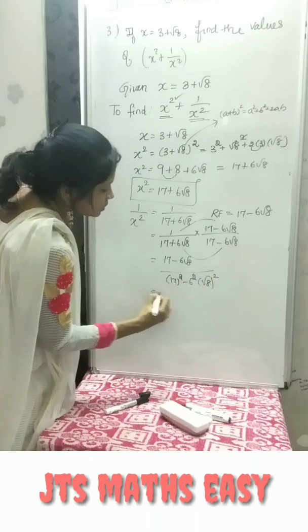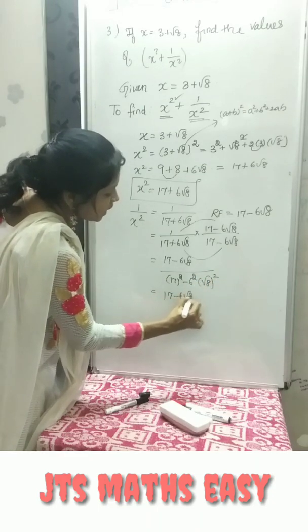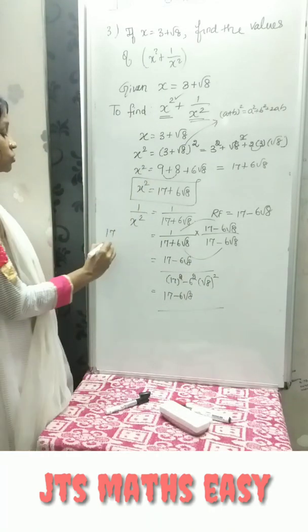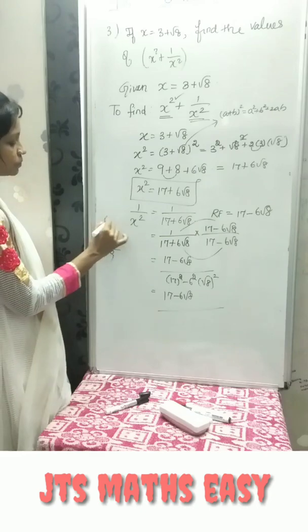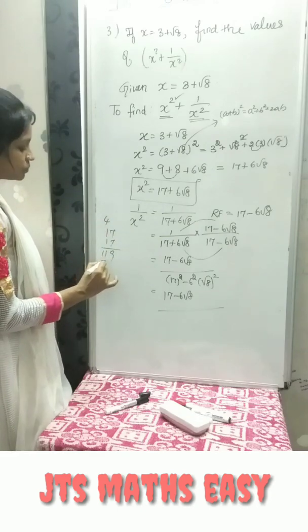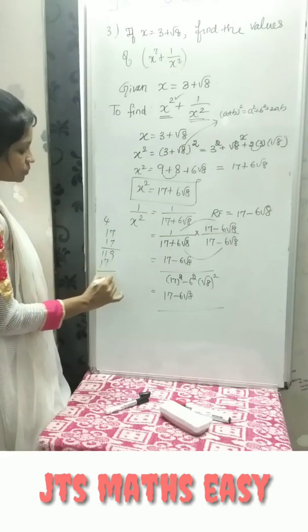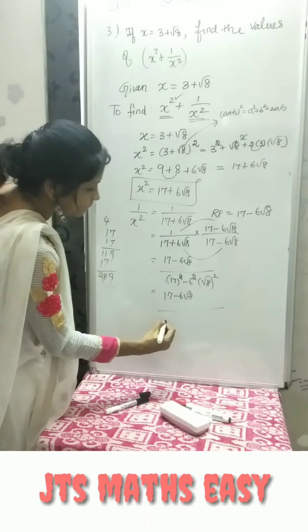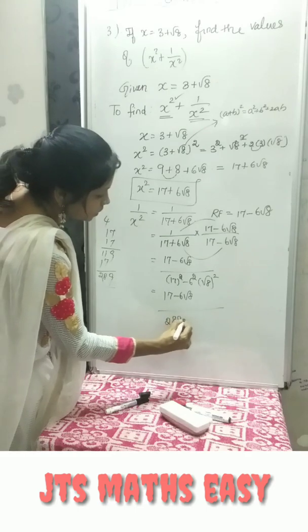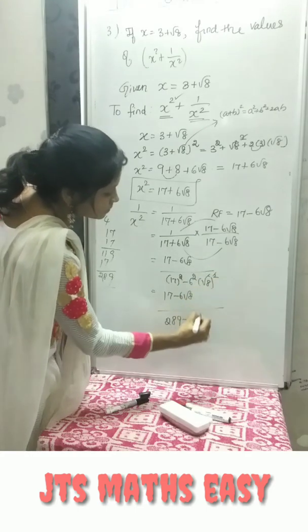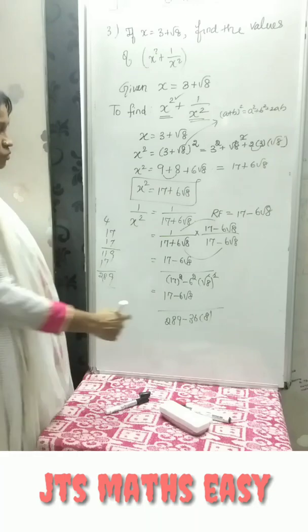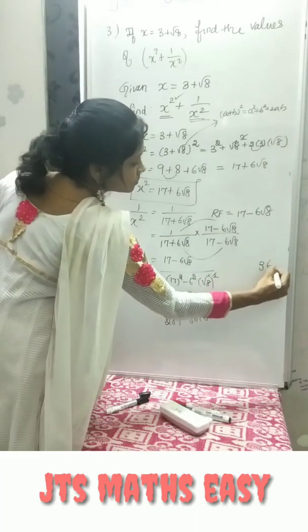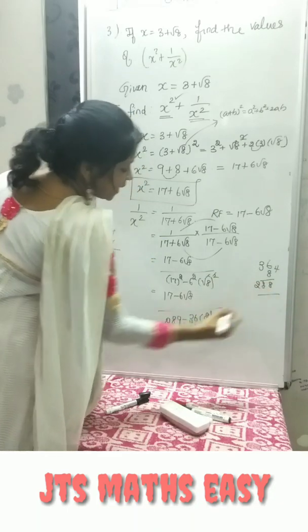So 17 square is a perfect square, 289, minus 36 into 8, which is 288.